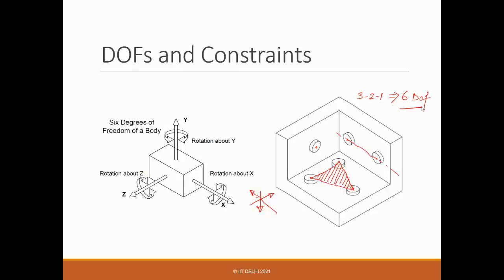So this is true for any rigid body. Maybe for a regular cuboid it's easy to understand, but you can generalize: you can take a rigid body of any geometry, and if you follow these principles and remove degrees of freedom with contacts, later we call them constraints, you will be able to get the desired degrees of freedom by eliminating what is not required.